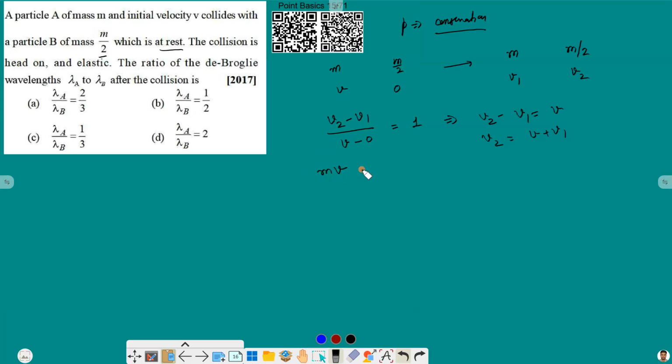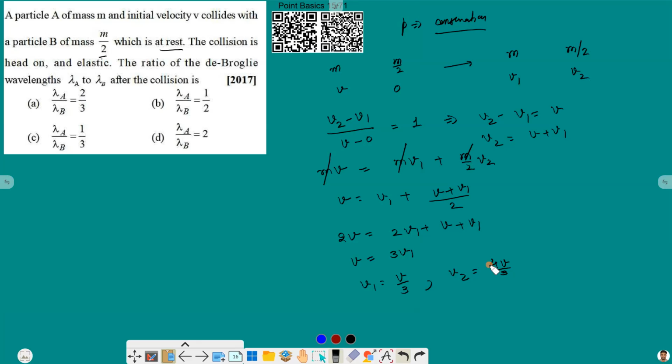So mv will be equal to mv1 plus m by 2 v2. m gets cancelled and the value of v2 we can substitute. So v is equal to v1 plus (v plus v1) by 2. So this will become 2v is equal to 2v1 plus v plus v1. So basically v is equal to 3v1, and from this v1 is equal to v by 3, and v2 will be equal to v plus v1, that will be 4v by 3.